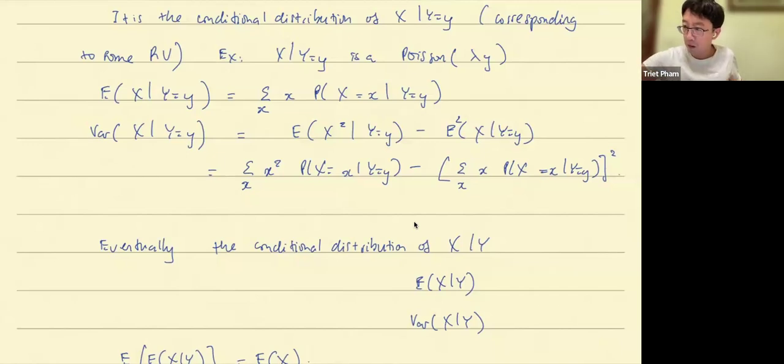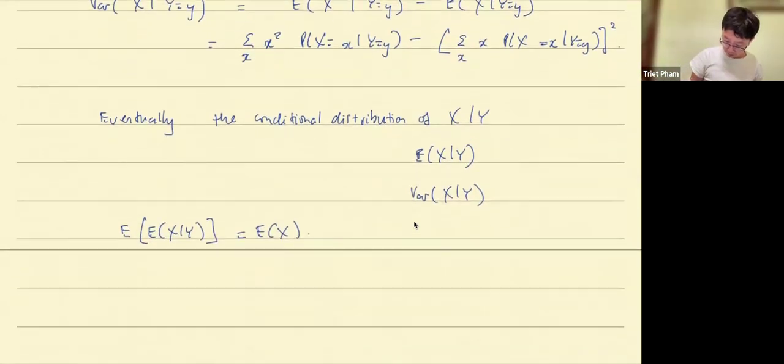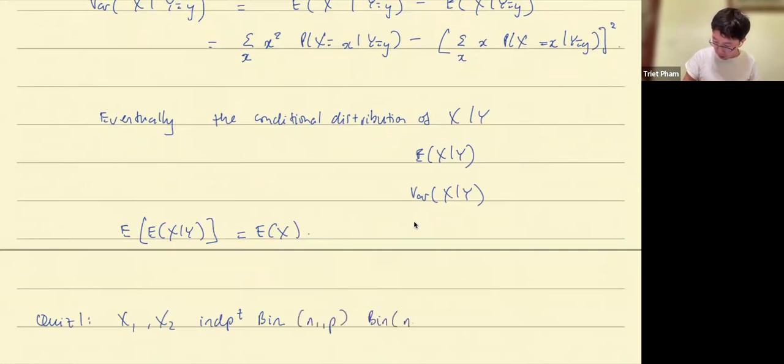Okay, so let's see. Let x1 and x2 be independent binomials N1, p and N2, p. Okay.